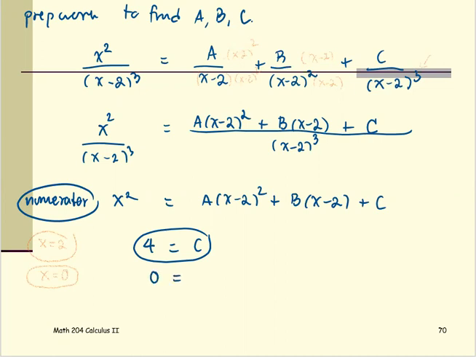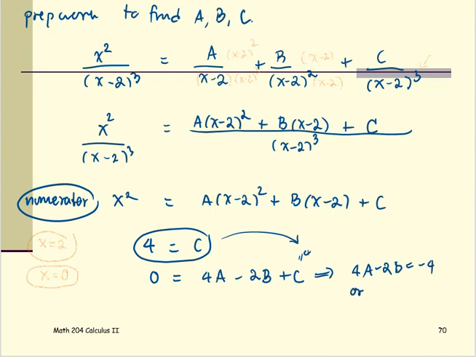The right hand side is going to be A times negative 2 squared, which is 4A, and then 0 minus 2 is negative 2, so minus 2B, and then plus C. My C is 4 from the first round of substitution. So in this case, I will have 4A minus 2B equals negative 4, okay?